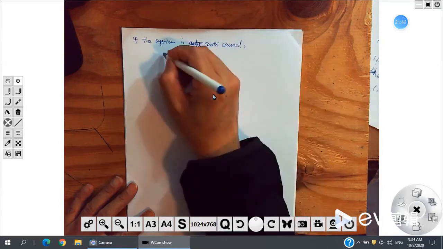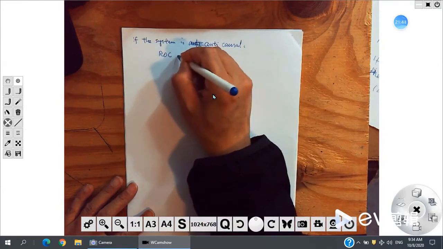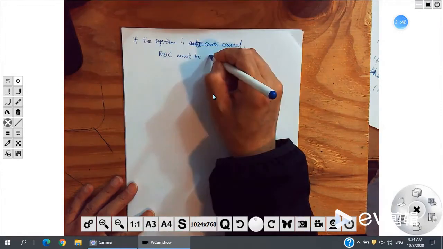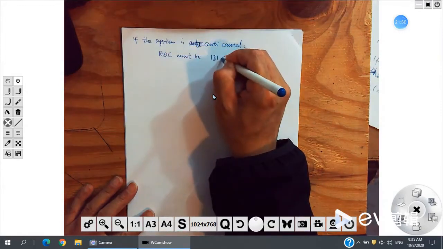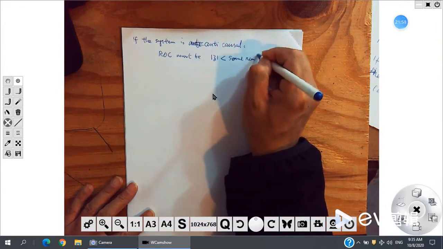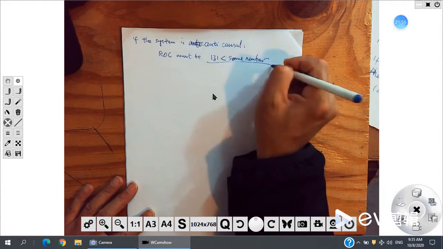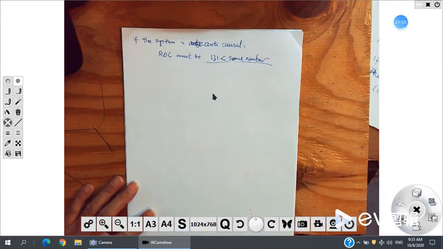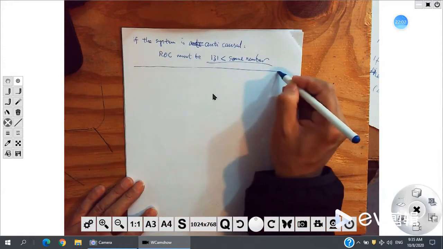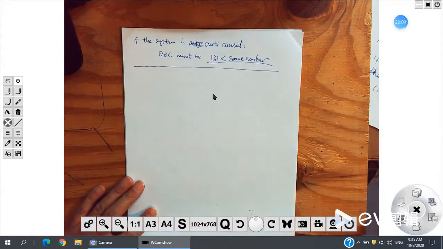Then the ROC must look like this: z is smaller than some number. Yeah, smaller than. It's the other side, opposite to the causal case. Okay, this is about the ROC of H.